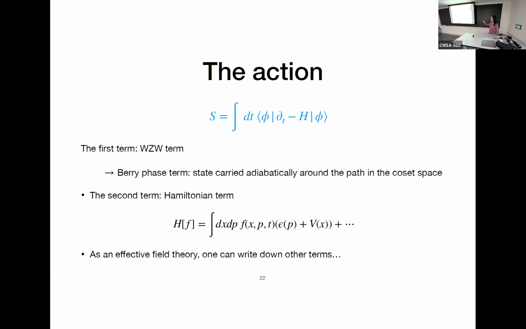So I've been telling you that we use the coherent state path integral approach and arrive at this action, which contains two parts: the Wess-Zumino and the Hamiltonian term.